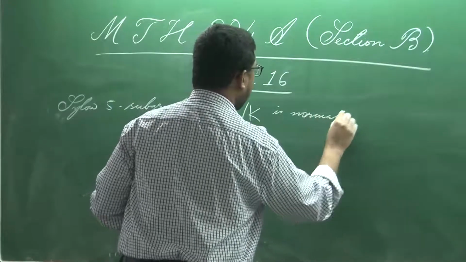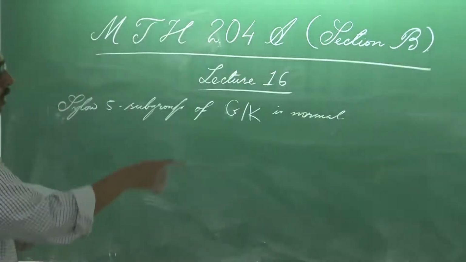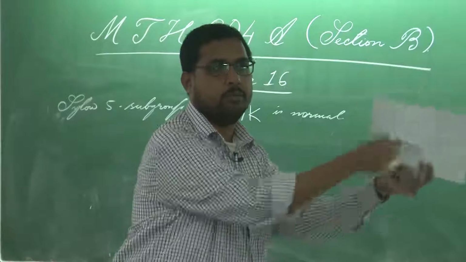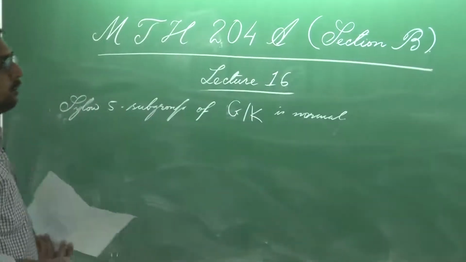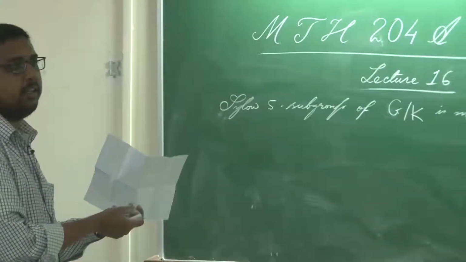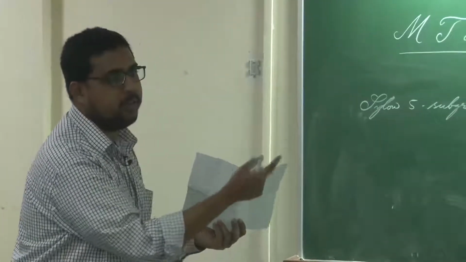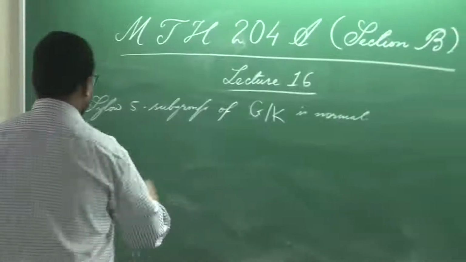For 15 we have already checked, and for 20 it comes into the formula p squared q, and since p and q are not equal to 3, for the bigger prime, which is 5 here, n5 will be 1.